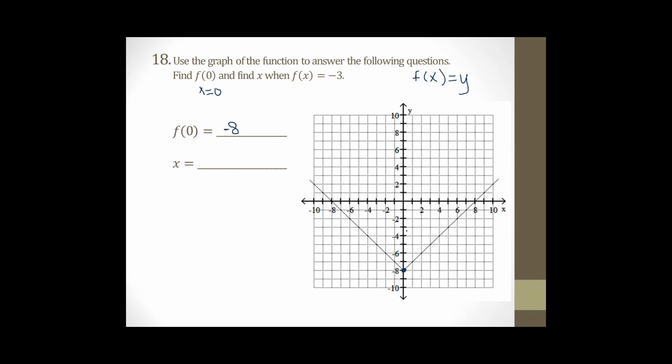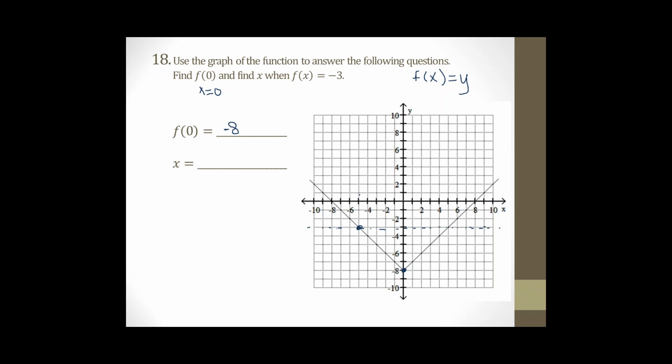So here is -3 on the y-axis. Let's just draw a dotted line to help us see what's happening on our graph. Okay, so as you can see, when y, or f of x, is -3, there's actually two x values.